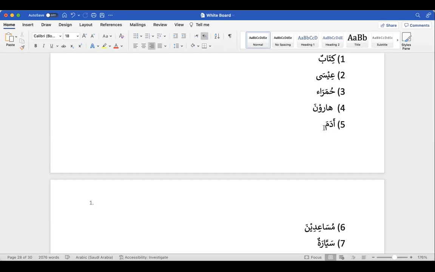Adam does not end with ya or alif mamduda, so what kind of flexibility does it have? We have two left: fully flexible and partly flexible. Fully flexible words take tanween: an, in, un. Adam is a name, and a non-Arab name, since Adam, peace be upon him, was a non-Arab prophet. So Adam is partly flexible. Very good.